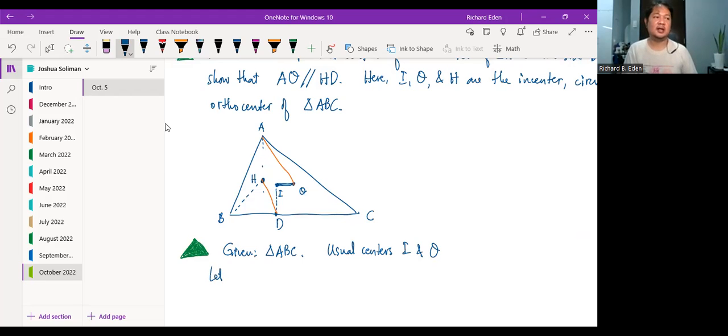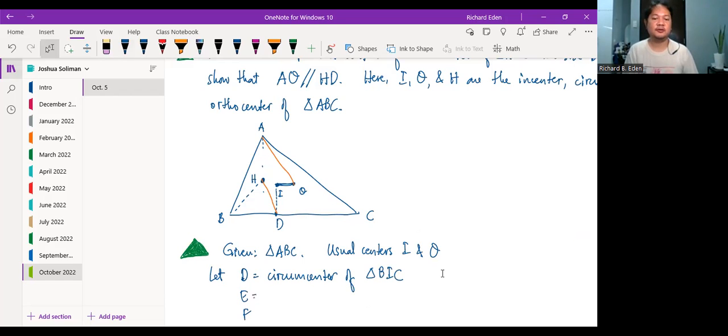Let D be the circumcenter of triangle BIC.